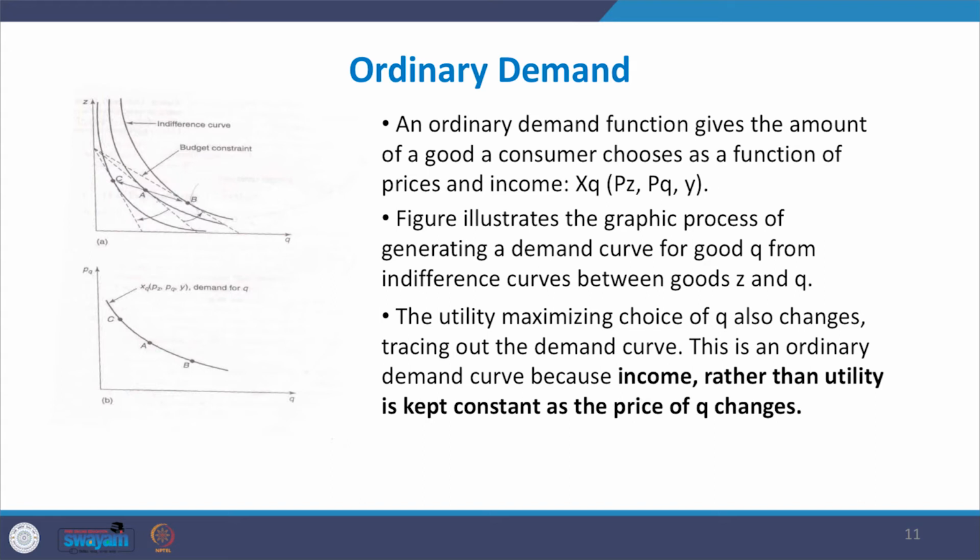That can be explained by a graph you can see from the slide. Initially we can see that the utility is maximized at the point where the slope of the indifference curve is tangent to the price ratio of the two products, Z and Q, and the price ratio is tangent to the initial indifference curve at point A.